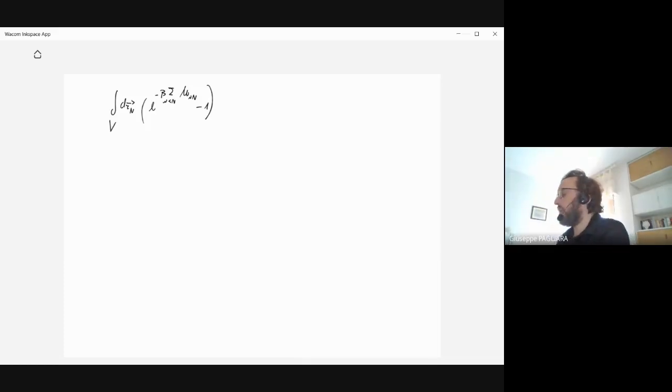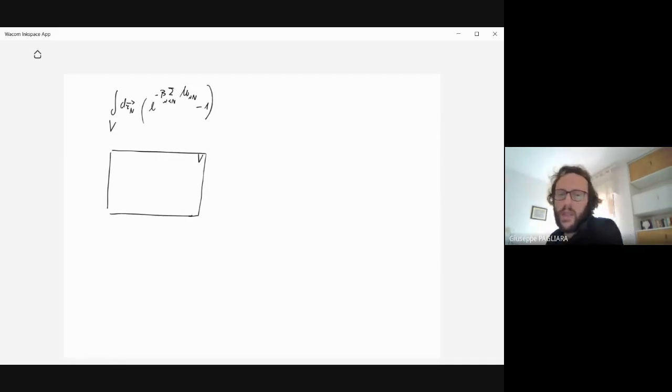Let me be more clear on this, which is the volume of the box. Usually I'm not making this dependence on V explicit, but when doing the integral, just write V to the power of n, for instance, okay? Or for each particle, I have a factor of V. Now I have to integrate over all this volume here, and suppose that here we have the particle n, particle 1, particle 2, particle 3, etc.